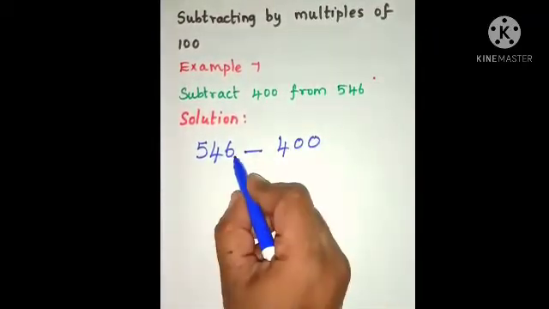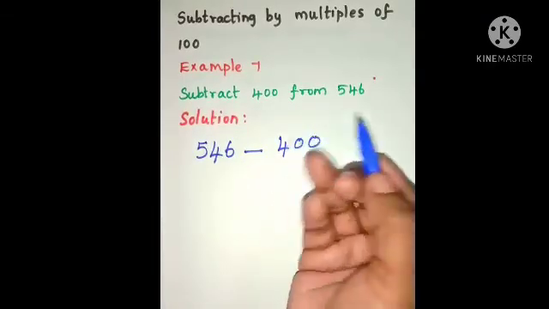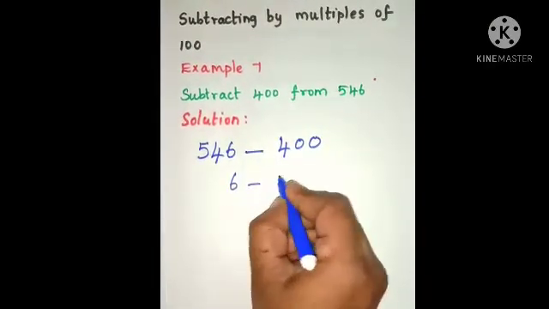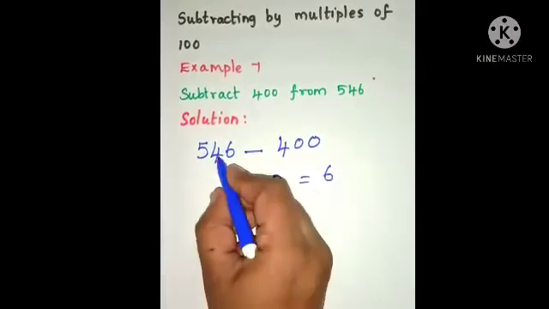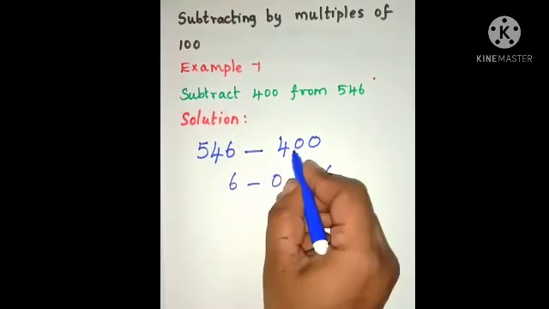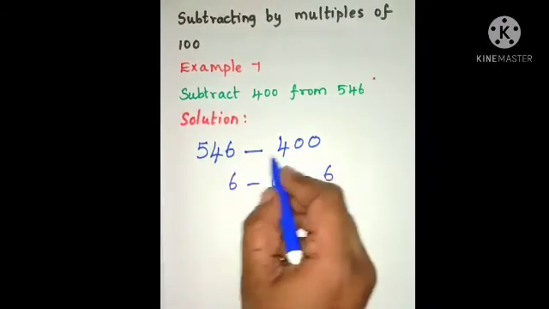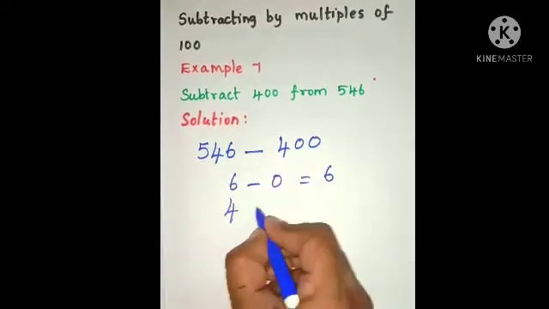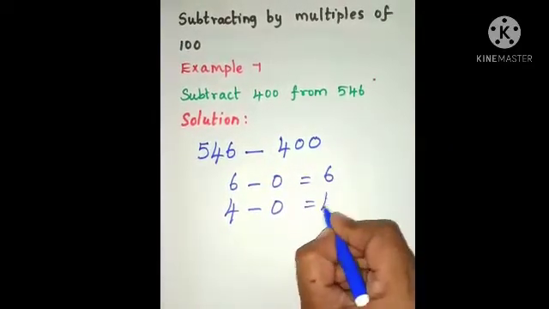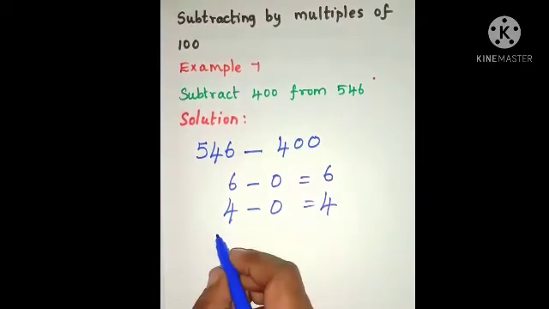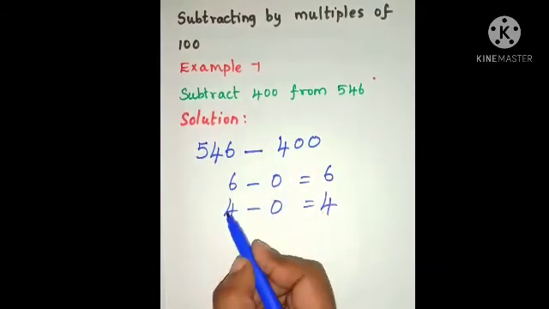Now subtract ones place. There is no change. 6 minus 0, 6. Subtract the digits in the tens place. 4 minus 0. There is no change. So write down 4. And 5 minus 4.